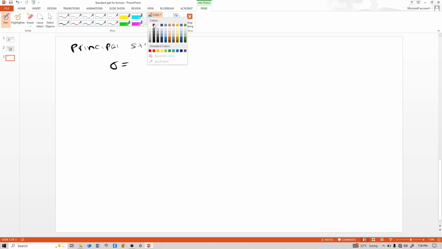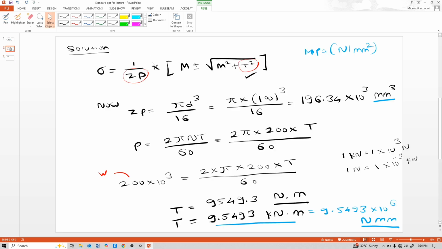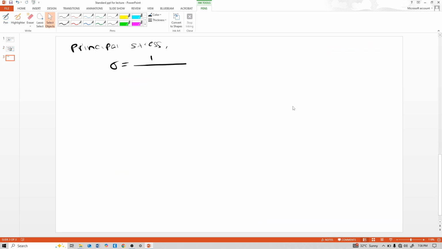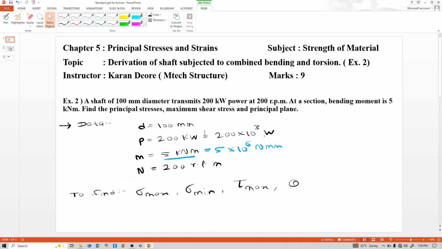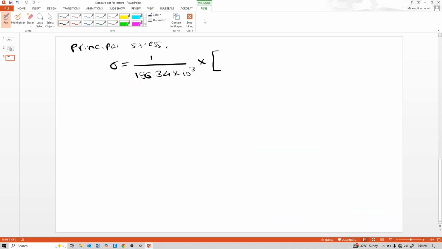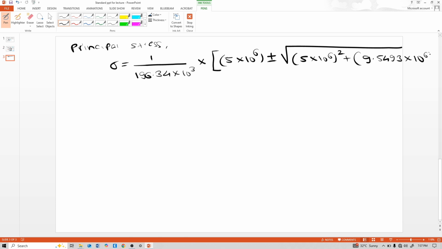So 1 by Zp is 1 by 196.34 into 10 raised to 3, multiplied by M, which is 5 into 10 raised to 6, plus minus under root of 5 into 10 raised to 6 square plus T, which is 9.5493 into 10 raised to 6, square.